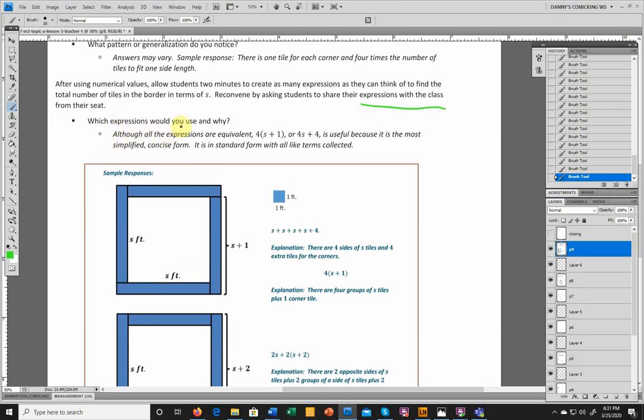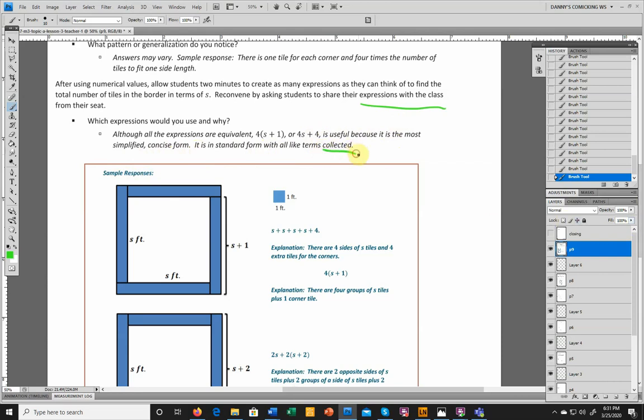Which expressions would you use and why? Although all the expressions are equivalent, 4 times s plus 4, or 4s plus 4, is useful because it's the most simplified, concise form. It is standard form with all like terms collected. So we always combine like terms.